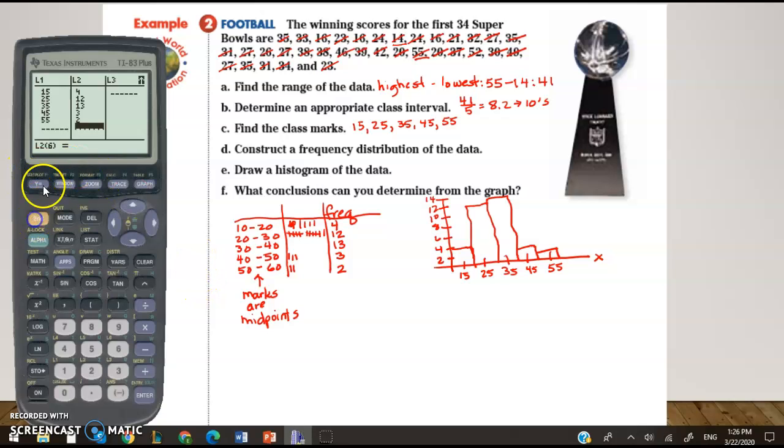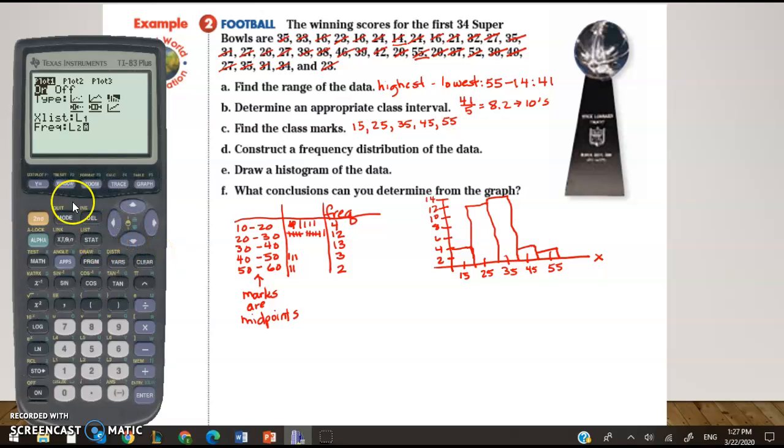So we'll go to Stat Plot, and you have to turn that one on. You want to get over to a histogram here, and your X list, which is from your X axis, is going to be your L1, second L1. Your frequency is on your Y axis, which was L2.